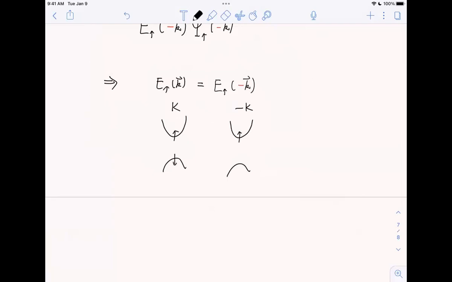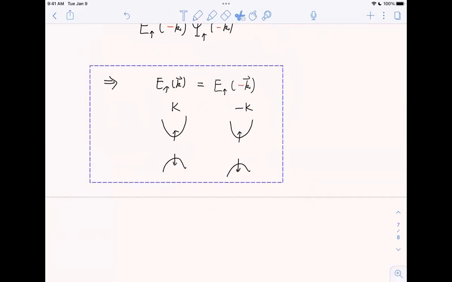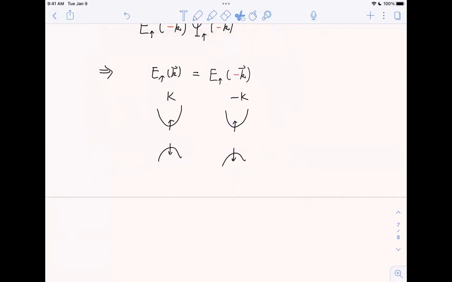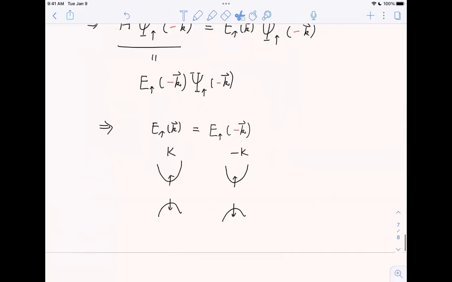If this is spin down, you have exactly the same. You flip K to another value, but the spin does not change. And this is the case in bilayer MoS2, because it has the inversion symmetry. In monolayer you don't have this, because this is due to inversion symmetry.